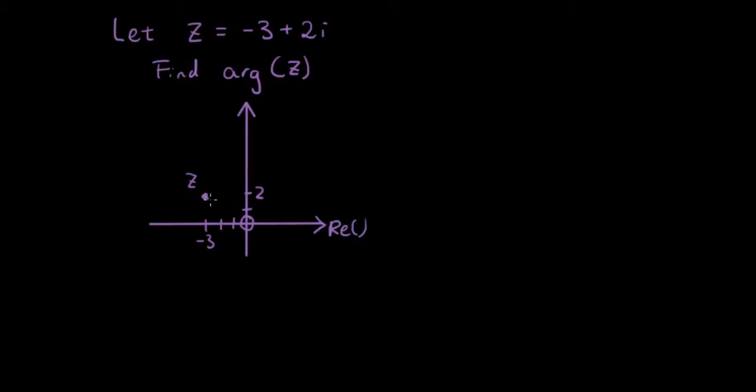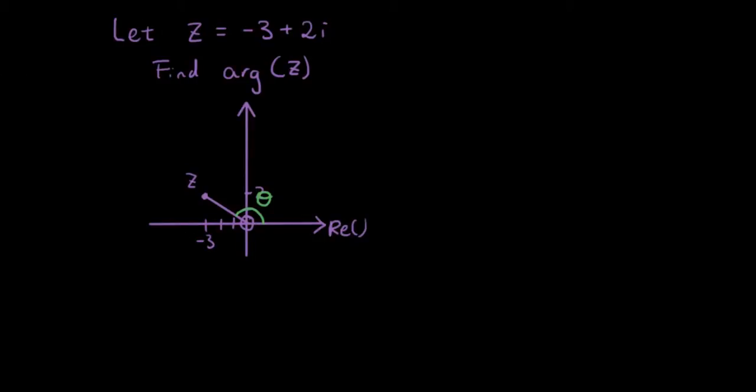Now if you draw a line to the origin, the argument of z is the angle between this line and the positive x-axis. The argument of z is here.